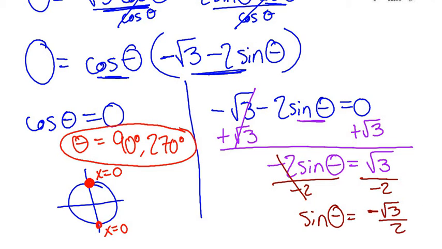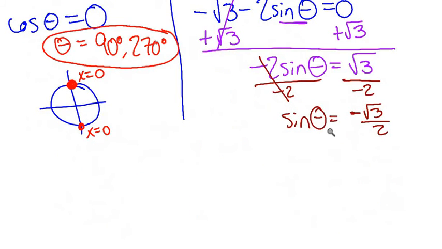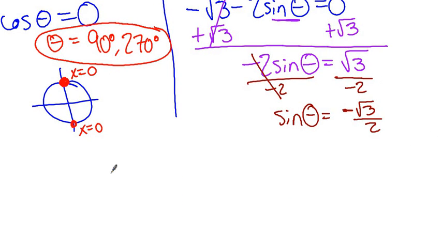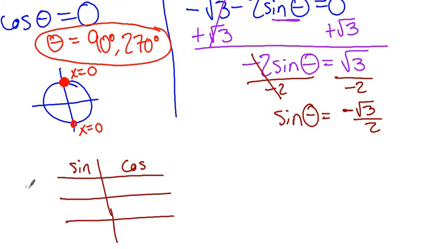So try to remember from that table that we used in the past, what angle has a sine, ignore the negative for now, what angle has a sine of root 3 over 2? And let's just draw up this table real quick. Definitely something to memorize if you haven't memorized it already. 30, 45, and 60. Remember that the sines count up, so root 1 over 2, root 2 over 2, root 3 over 2.